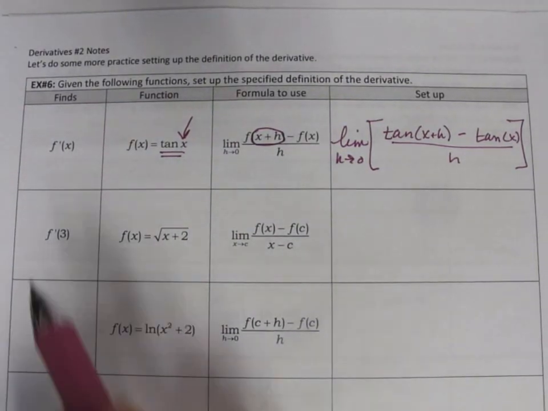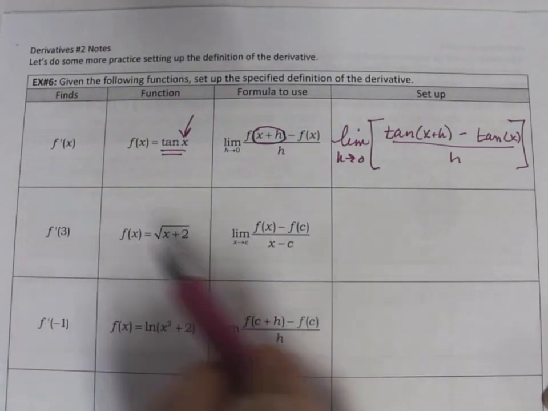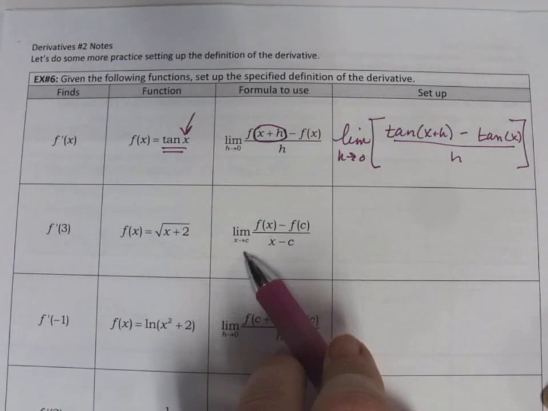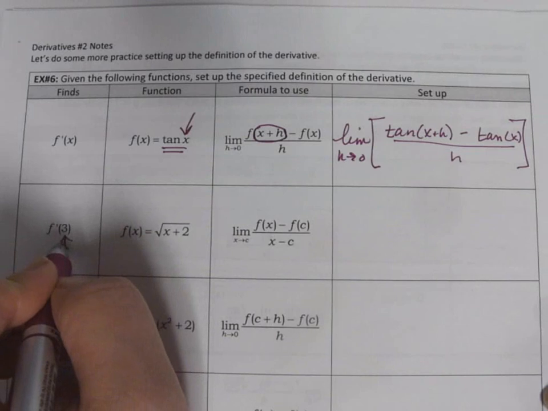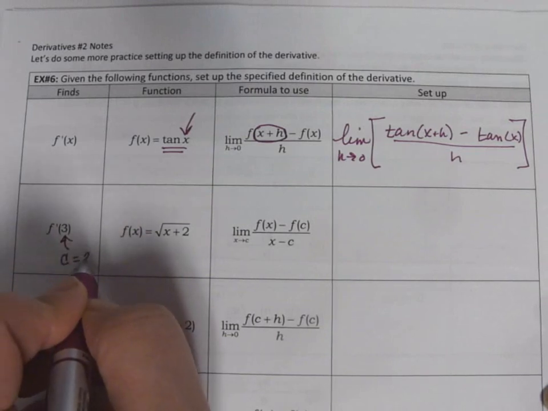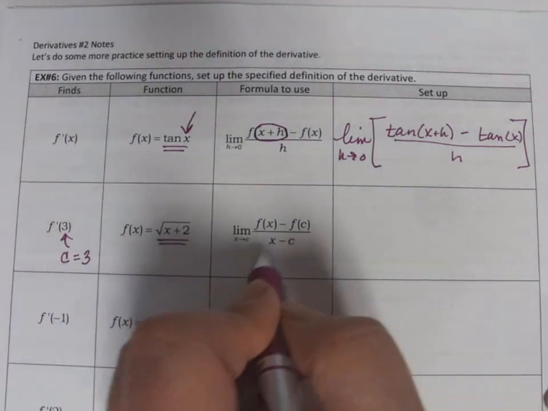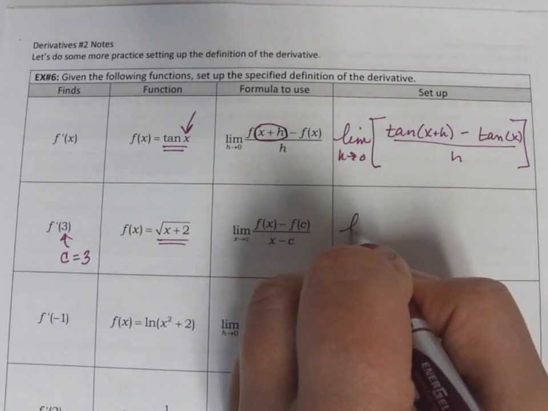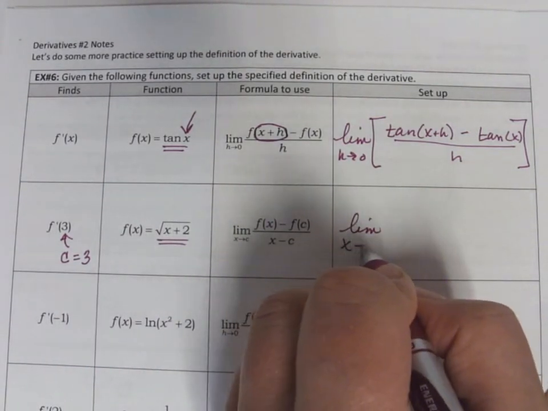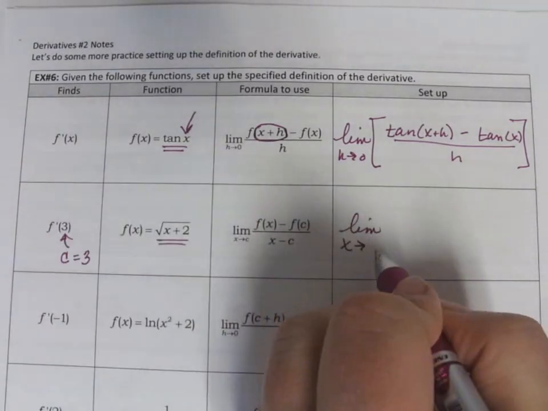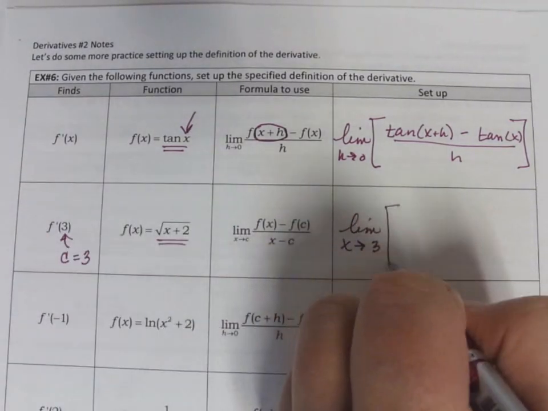Okay, if we want to find f prime of 3 with this, oh, this one is a c instead of an a, it doesn't matter. So in this case, our c value is equal to 3. And then this is our function value. So for this limit, it's going to be the limit as x approaches our number, which is 3.